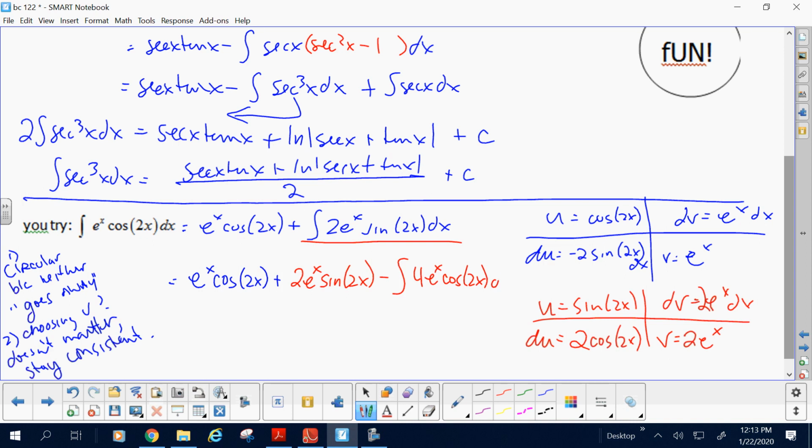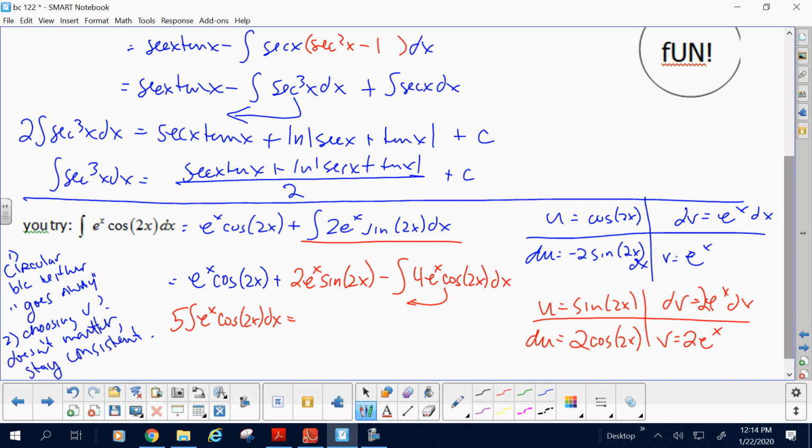All right. Now that is the objective, is to get back to where we started. That is, with the exception of the 4, which is not really a problem, the same as the original integrand, yay? So now I can move that over, and on the left side now I have a total of 5 integrals of e to the x cosine of 2x dx, and it equals what on the right?